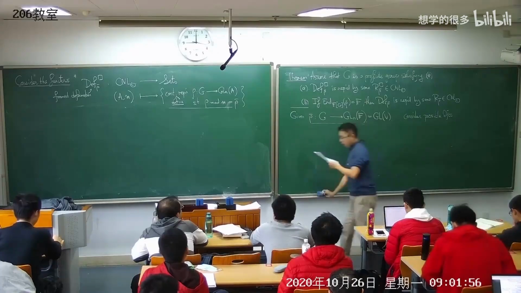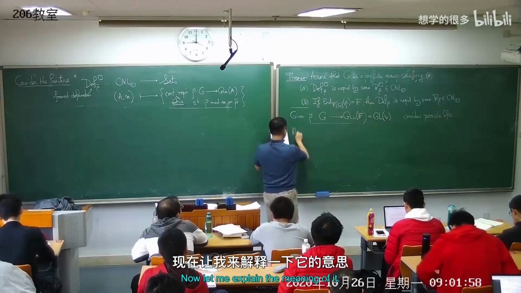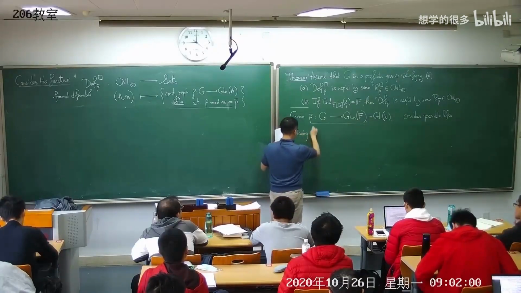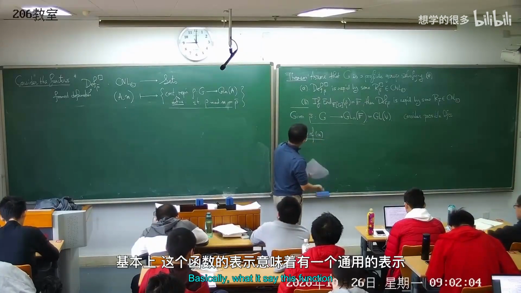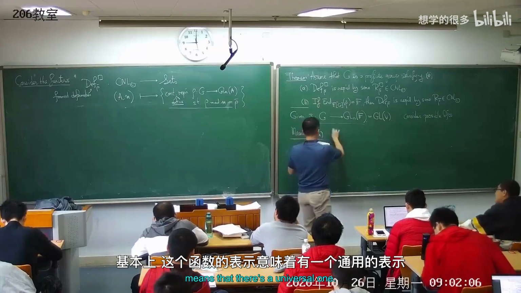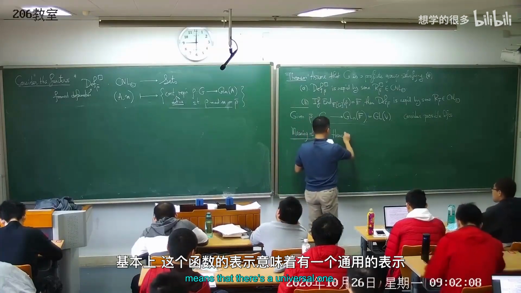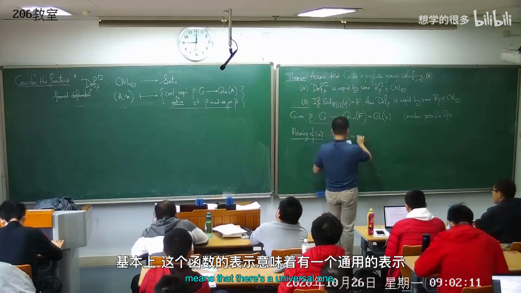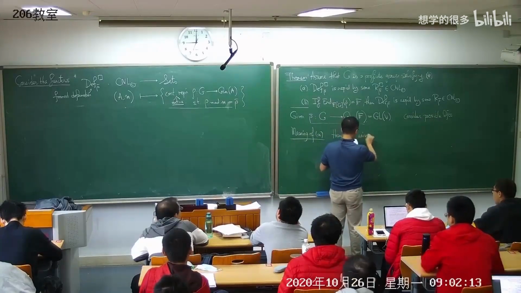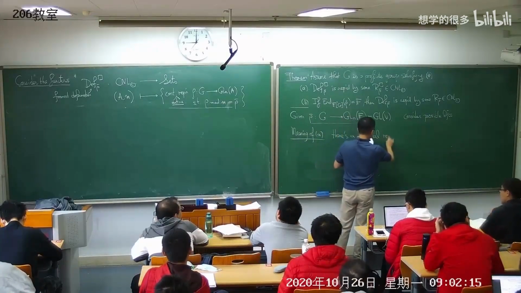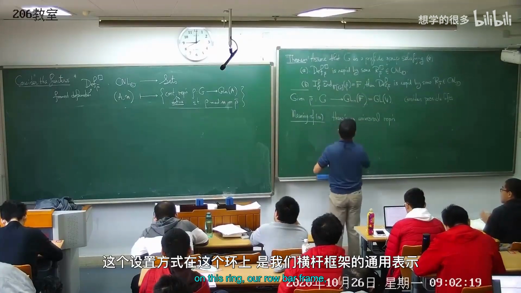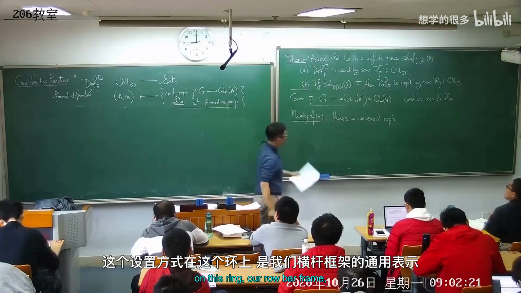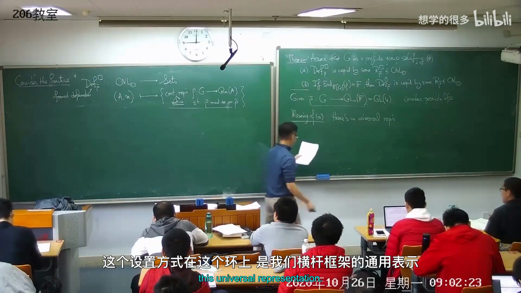Now let me explain the meaning of A. Basically, to say this functor is represented means that there's a universal one. The way it's set up is that on this ring, our R rho bar framed, there's a universal representation.